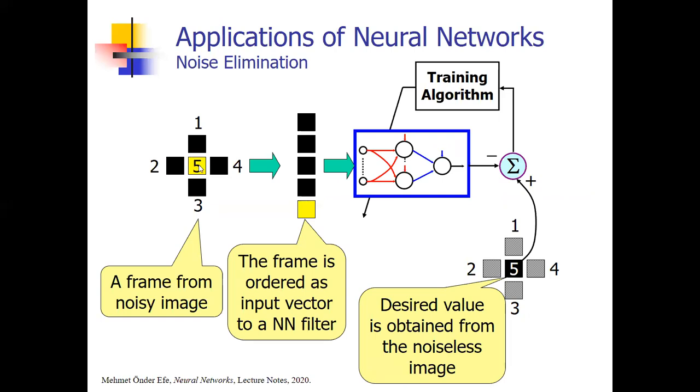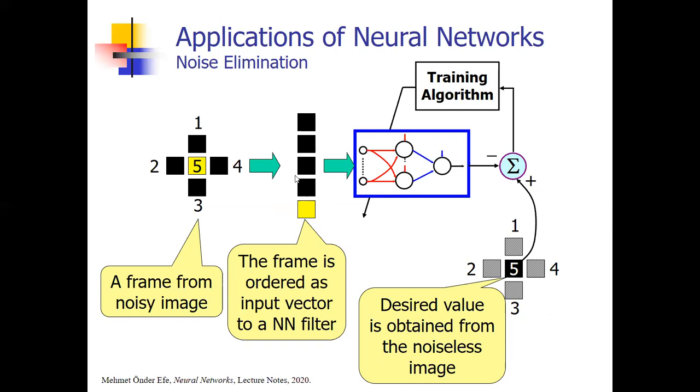Okay, now I will produce a vector by using the, let's say, RGB values or grayscale values of this pixel. Okay, so 1, 2, 3, 4, 5 is here.